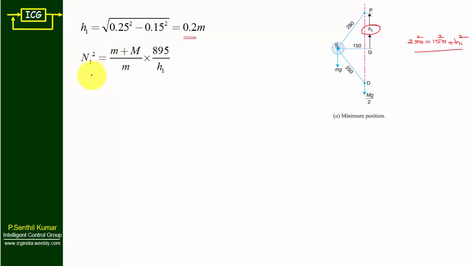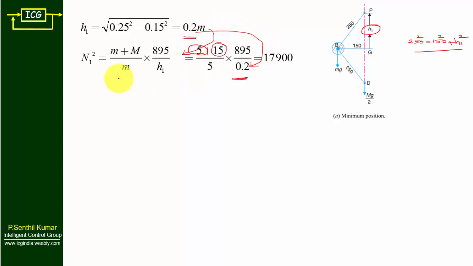Next we can apply this value in the formula. n1 squared equal to (small m plus capital M) divided by small m, multiplied by 895 divided by h1. Small m value 5, capital M value 15, then 895 divided by h1. h1 value 0.2 meter.